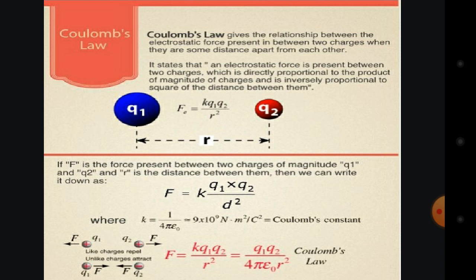It has a value where K is equal to 1 over 4 pi epsilon naught, which is equal to 9 times 10 to the power of 9 Newton meter square per Coulomb square. This is a constant value for Coulomb's law, for the letter K. When we say something is constant, we mean it cannot change.